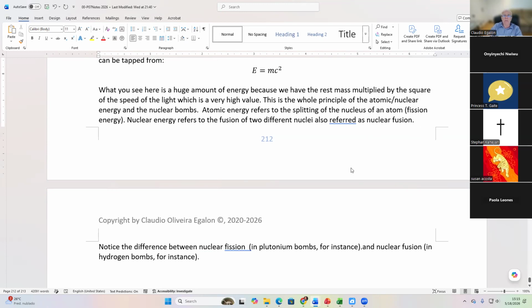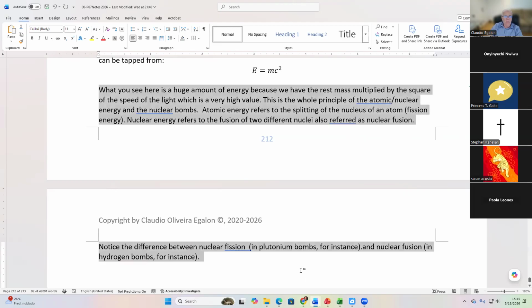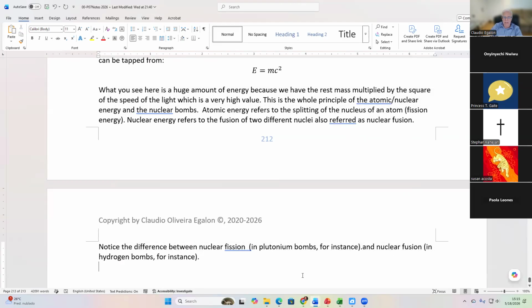Atomic energy refers to the splitting of the nucleus of an atom. Fission energy. Nuclear energy refers to the fusion of two different nuclei, also referred to as nuclear fusion. Notice the difference between nuclear fission and nuclear fusion.